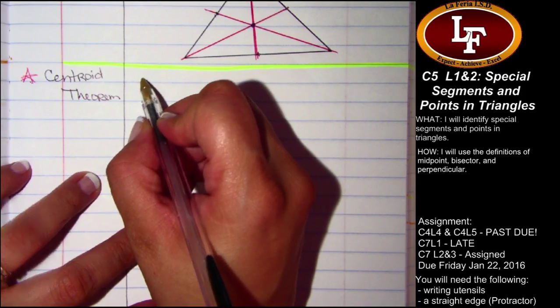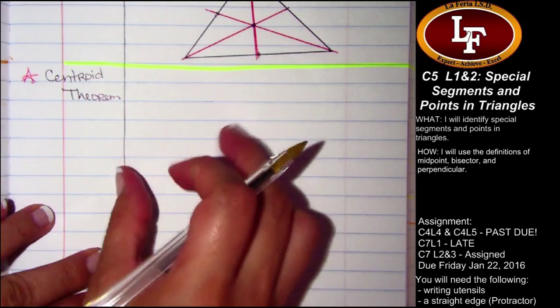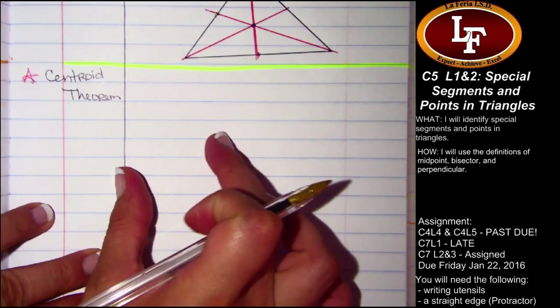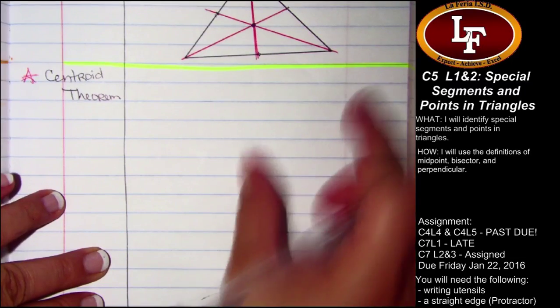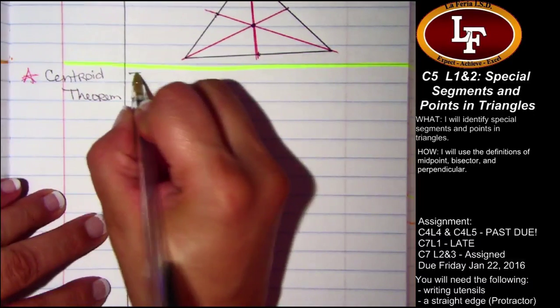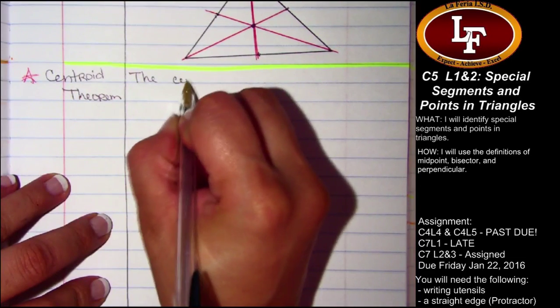Here's what the centroid theorem says. And once again, I'm going to limit my writing to this narrow band right here to leave space on the right for my drawing. The centroid theorem says this.